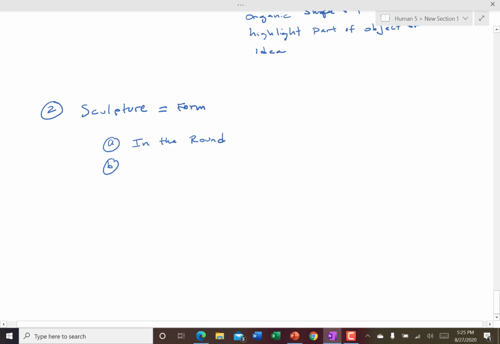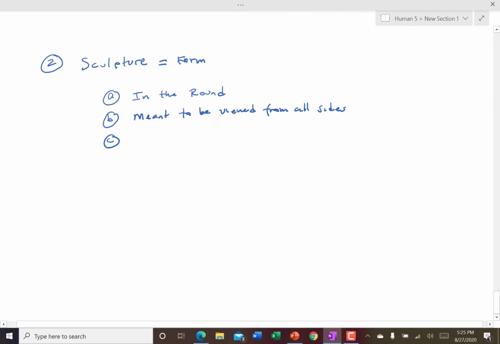And In the Round sculpture is meant to be viewed from all sides. Just like anything else we looked at, they're often freestanding works that occupy space in the same way as other real life objects.